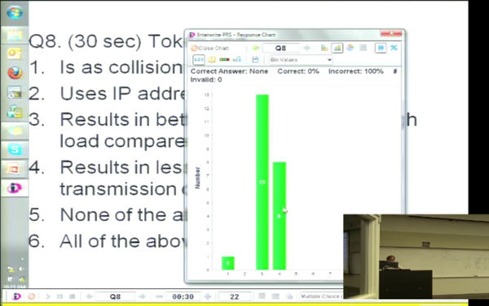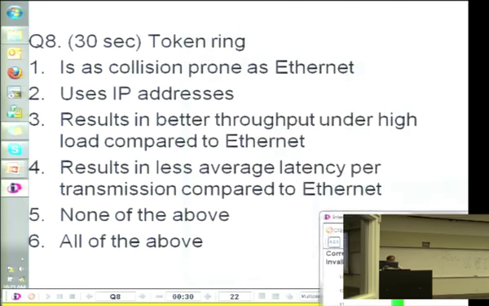Okay, many of you chose number 4, and that would be true only under high load, not always, because if there is no load, then Ethernet is much faster, right? Because there's no collision, you can send your packets very quickly. Whereas on the token ring, you have to wait for your token before you can start transmitting.